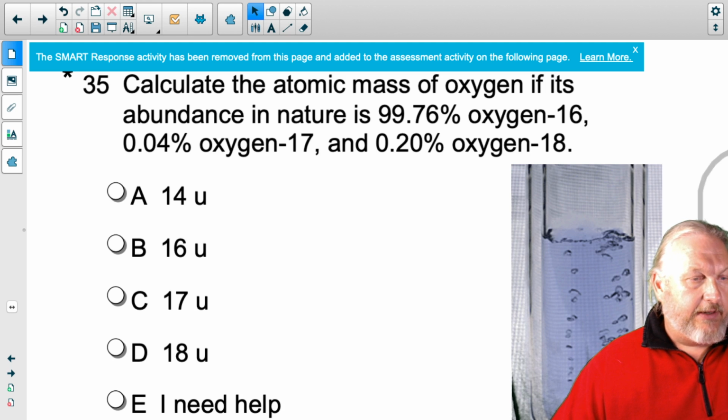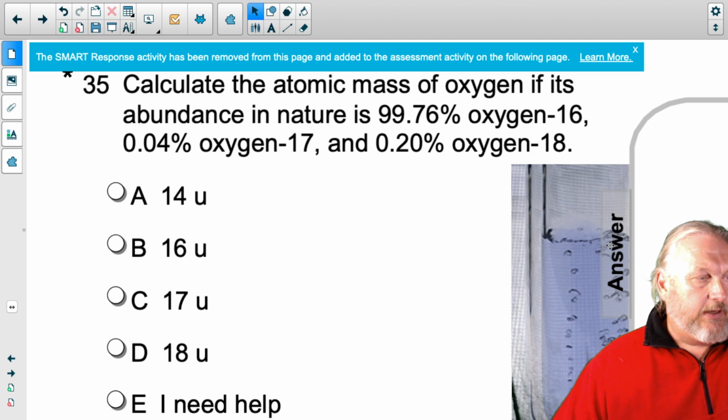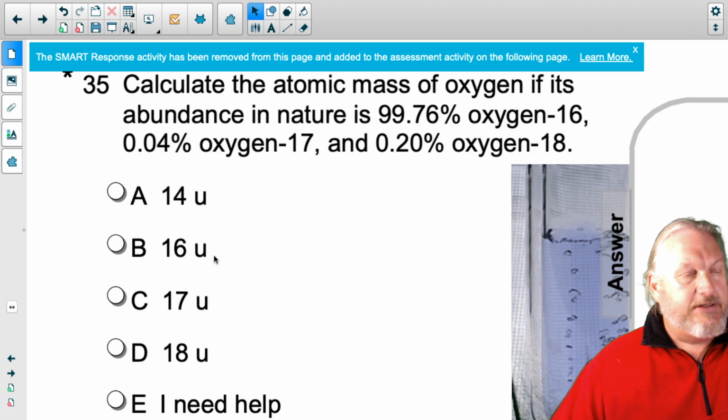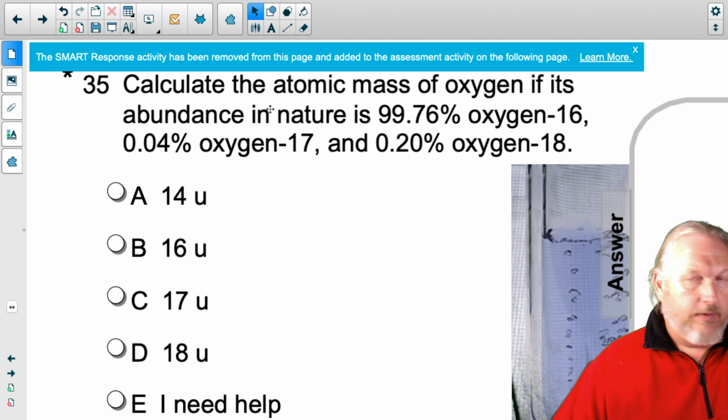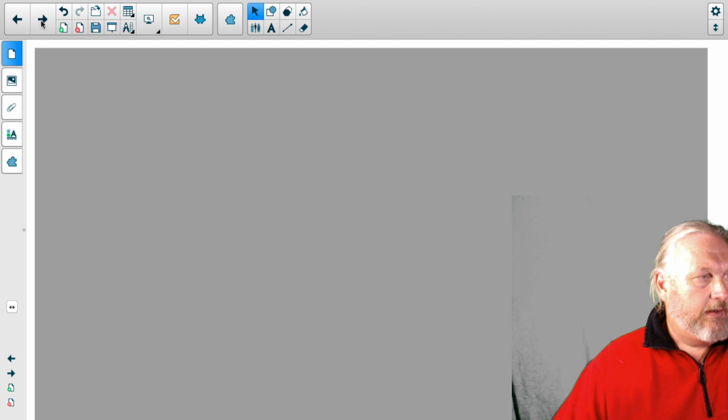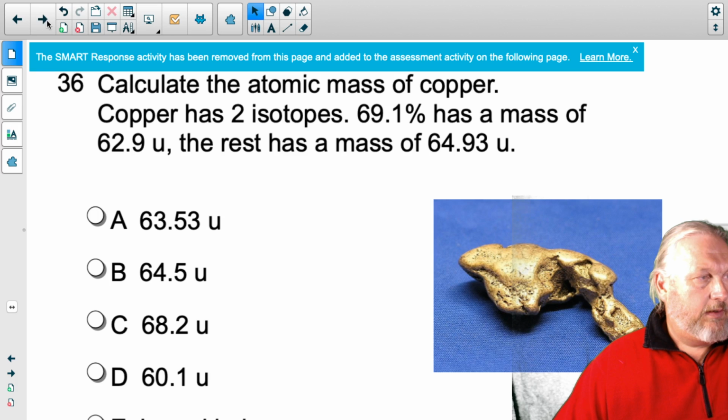Let's hope they calculate this. If you do this question, you're going to come up with 16.00 AMU. And we'll work this in class tomorrow.